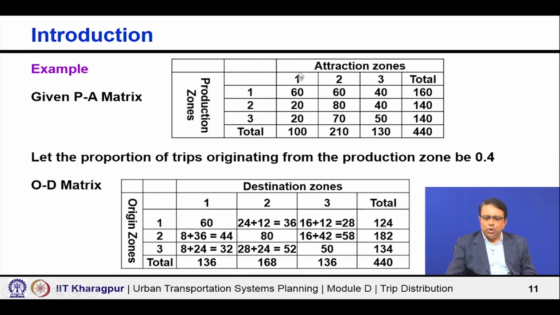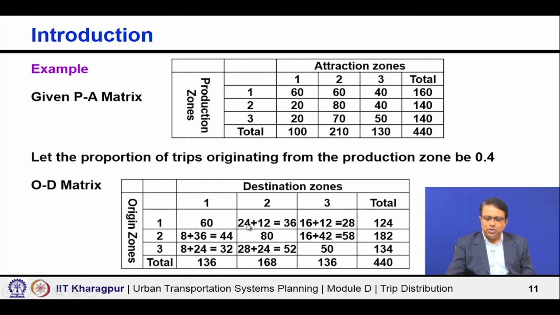Then out of these 60 trips where the home end is 1 and the destination or the attraction end is 2, how many of those are actually travelling with origin 1 and destination 2? That means, from 1 to 2 in that direction. Obviously, 40% of those. So, 40% of 60, so 24, that is there in the OD matrix.